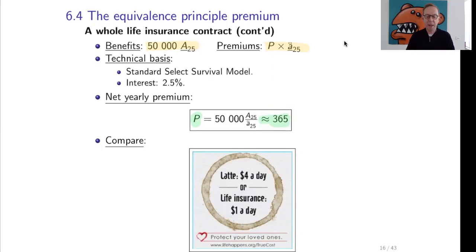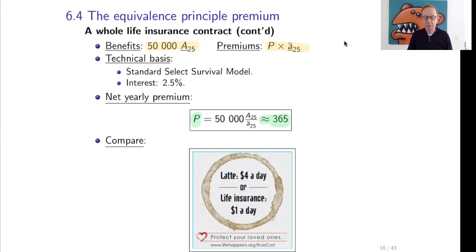So what does that mean? If I pay $1 per day, more or less, to the insurer, that means I pay $365 per year, and I pay that lifelong. Then at the moment that I die, there will be a payment of $50,000. That's what this publicity campaign is about: if you drink a latte and suppose that it costs $4 per day, you can do that, or you can buy a life insurance for $1 per day.